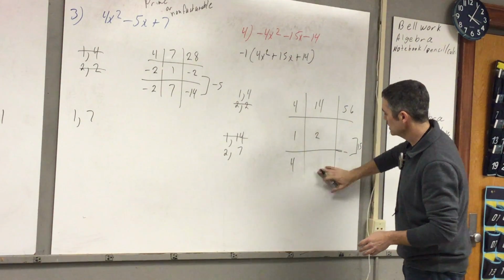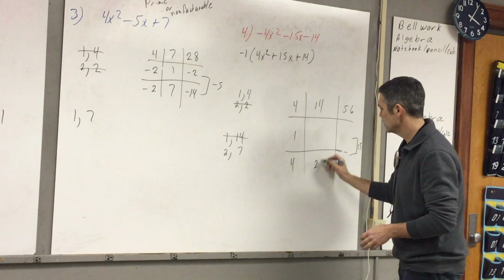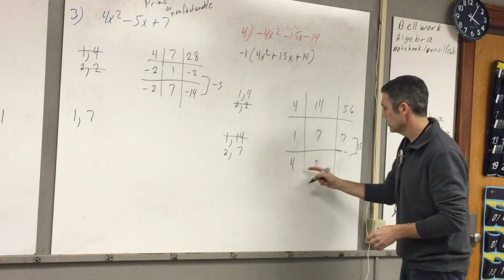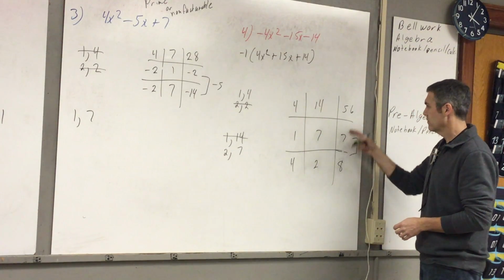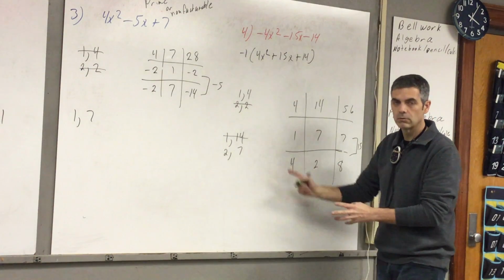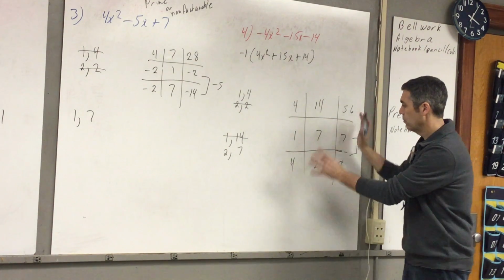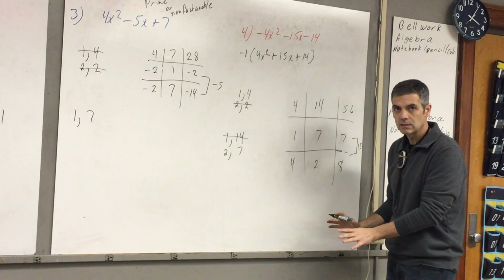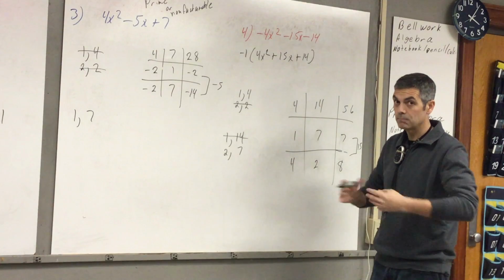Okay, so this has got to flip over, otherwise we're in trouble here, right? 1 times 7 gets us 7, 4 times 2 gets us 8, and 8 times 7 gets us 56, 8 plus 7 gets us 15. There's our solution, right? Okay, we like this setup. So we got the 2 and the 7, and we got them in the right spots, right? Because having them in the right spots is part of it.